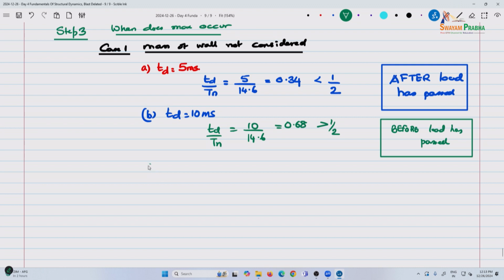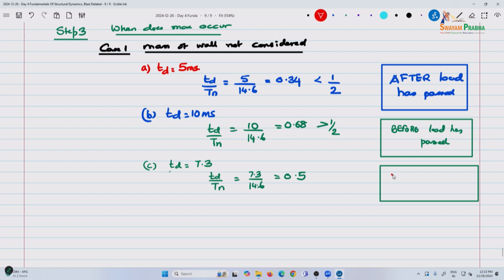And there was a reason, if you wondered why I chose a very odd number. Here Td by Tn is 7.3 by 14.6. So, in this scenario, this is at the end of the load duration.